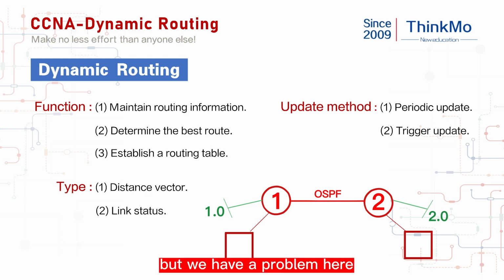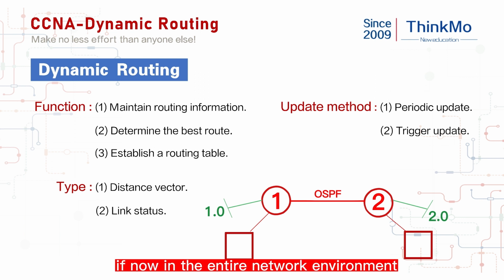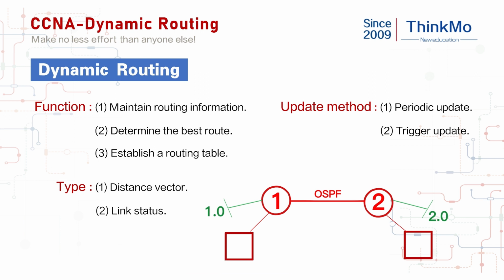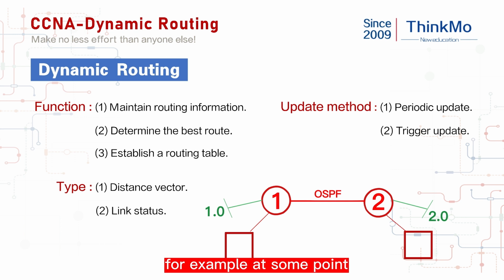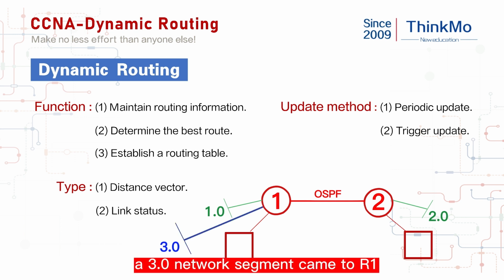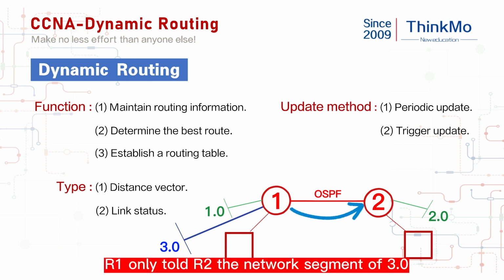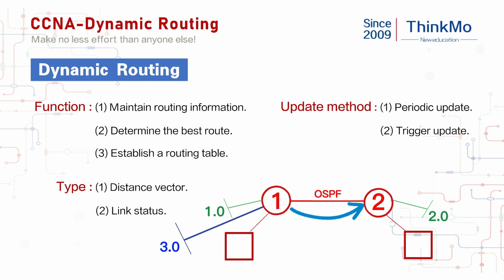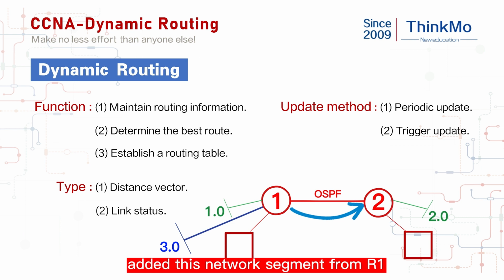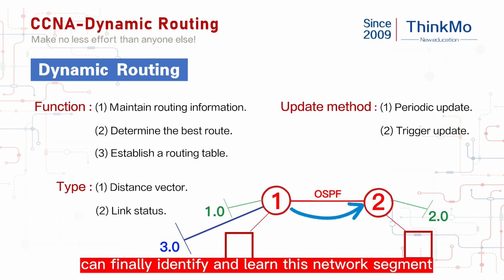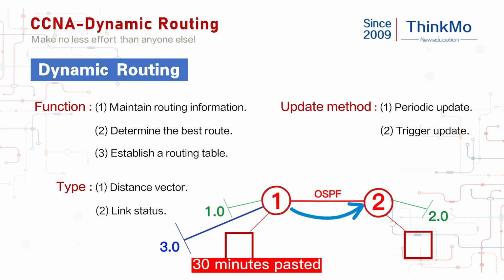But we have a problem here. If in the entire network environment there were only periodic updates, for example, at some point a 3.0 network segment came to R1, then 30 minutes later R1 would tell R2 about the 3.0 network segment. This is too slow. Until R2 can finally learn this network segment, 30 minutes have passed.